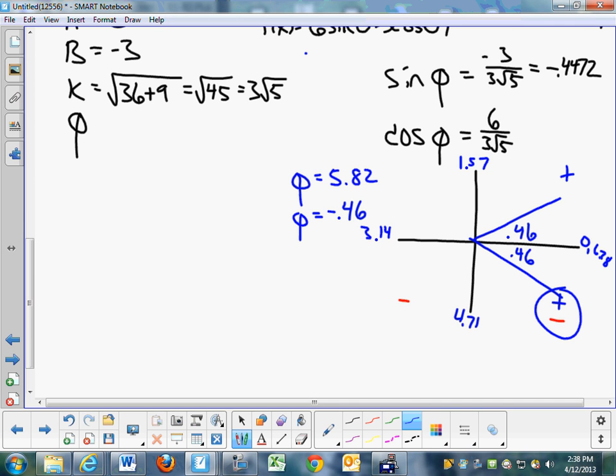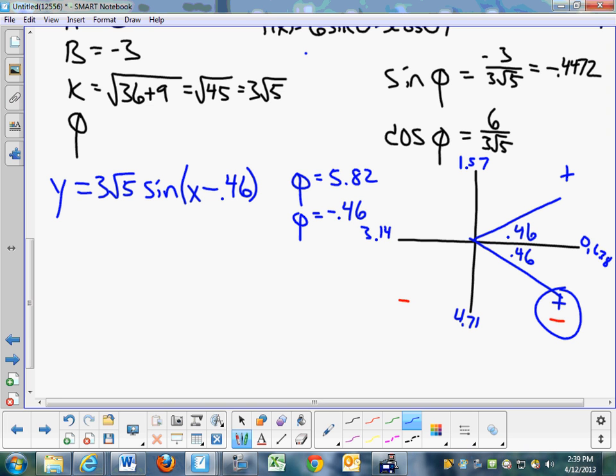Let's graph it. So my equation looks like this. I have y equals, what's k? 3 square roots of 5 times the sine of x, and I'm going to use phi as negative 0.46, so I'll go minus 0.46. Think about it, you guys.